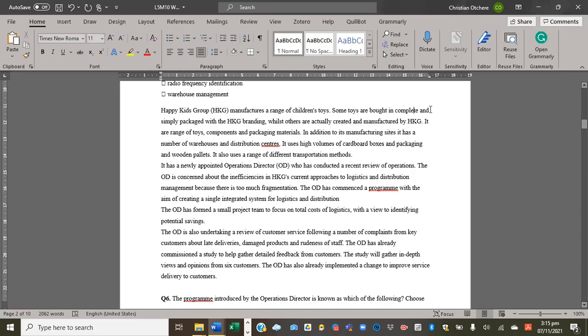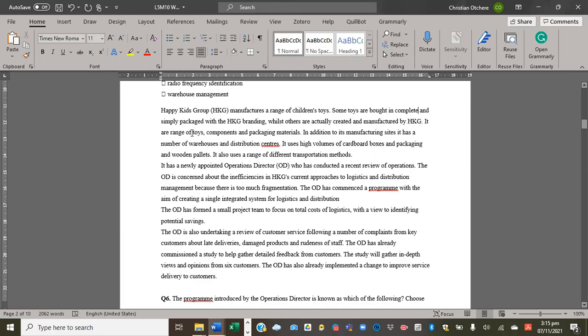Whilst others are actually created and manufactured by HKG.